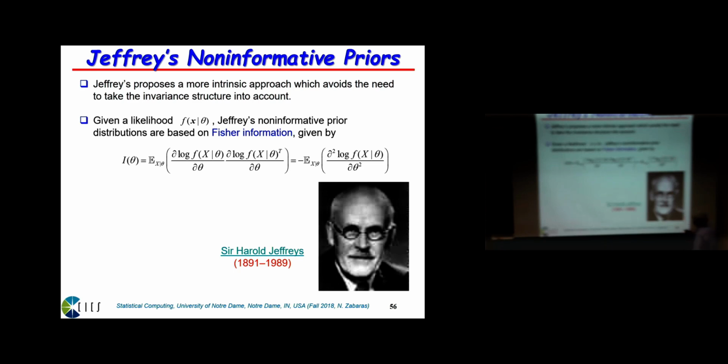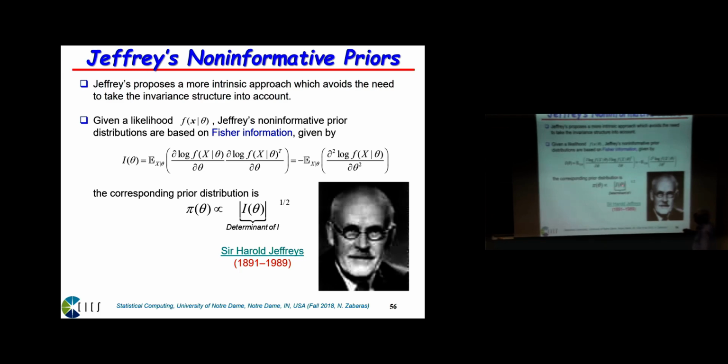You may wonder where this is coming from, and when you dig a little bit and look at Wikipedia, you will see the origin of this is in what's called Fisher information. So we define this to be the expectation with respect to x of the second derivatives of the log of the likelihood, and then we define the non-informative prior to be the square root of that.